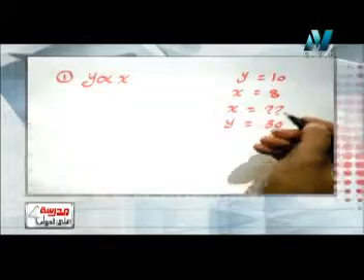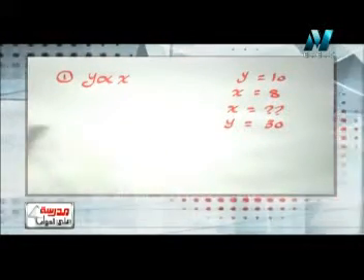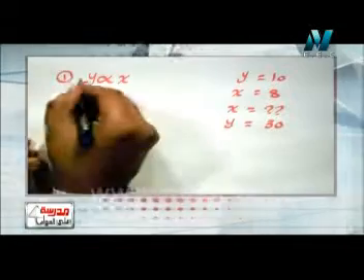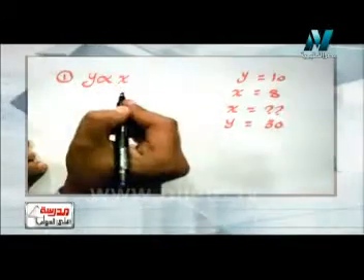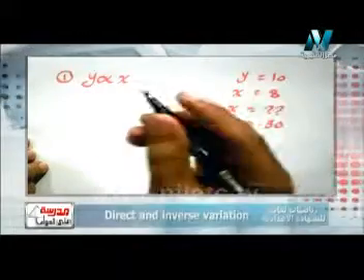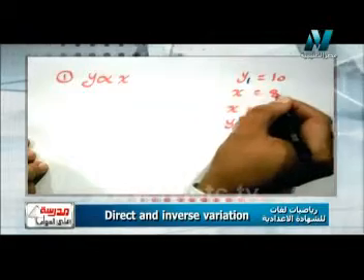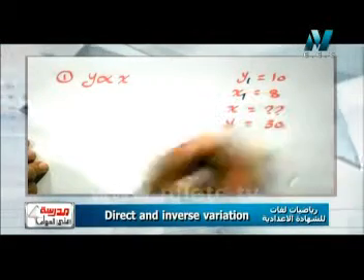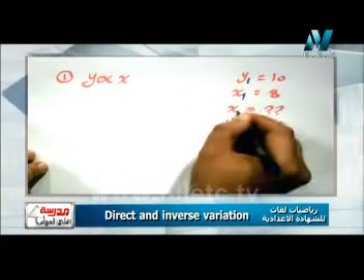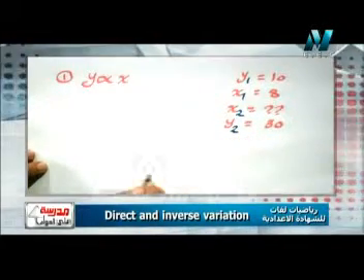Since y varies directly as x, we can put here y varies as x. And we can put our data here. We have y equals 10, meaning y1, when x equals 8, meaning x1. And x2 is required when y2 equals 30.